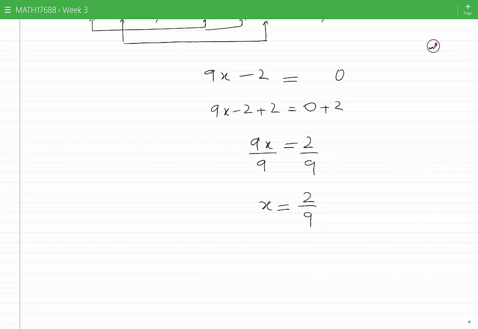Is this really a solution of the original equation? We should pay attention that in fractional equations it is important to verify that the solution which is obtained at the end, such as 2 over 9 in our example, does not cause any of the denominators to become 0.